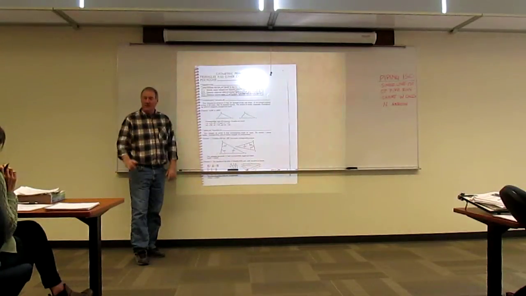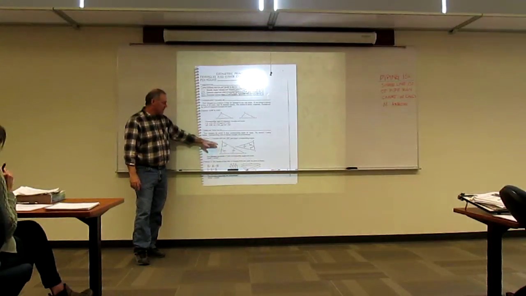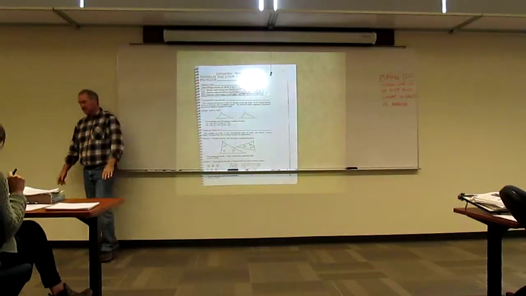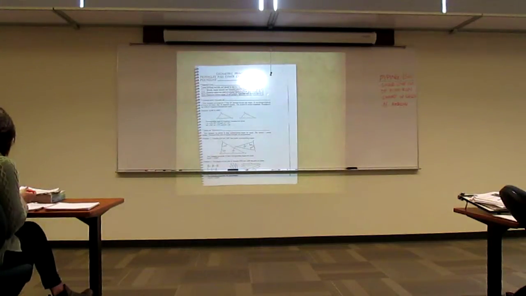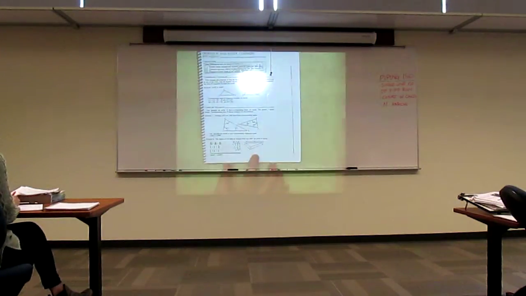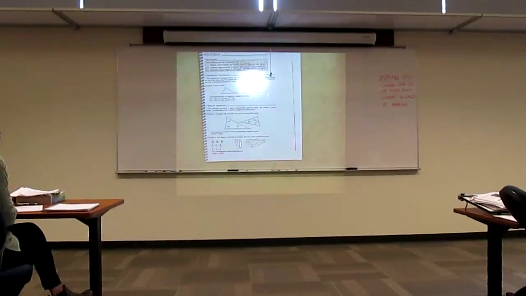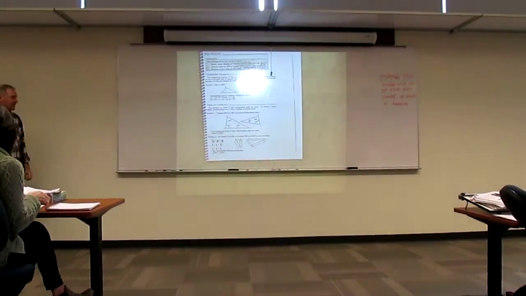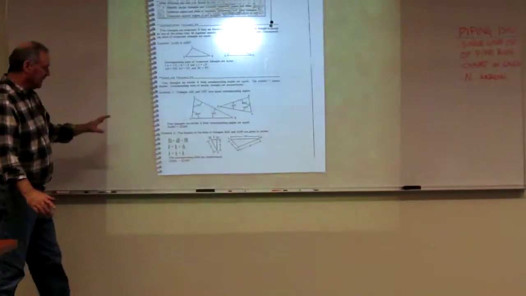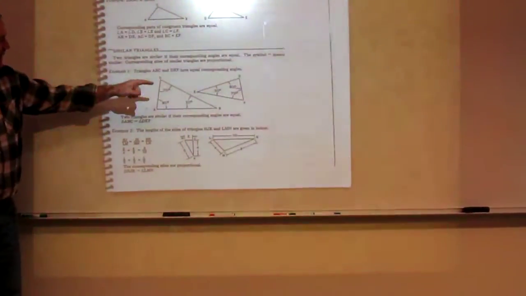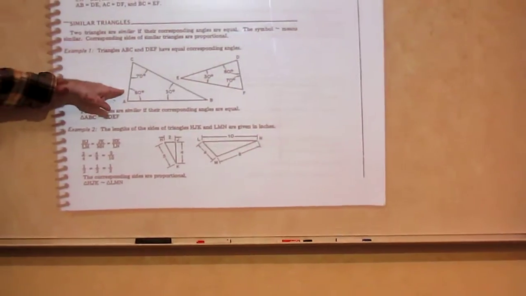The important one that really helps you for solving problems is down below it, similar triangles. Because this one, you end up using quite often in calculations. Now, based on where this is going, I'm going to come back to it in a minute, but if all the angles on a triangle are the same, the triangles are similar.